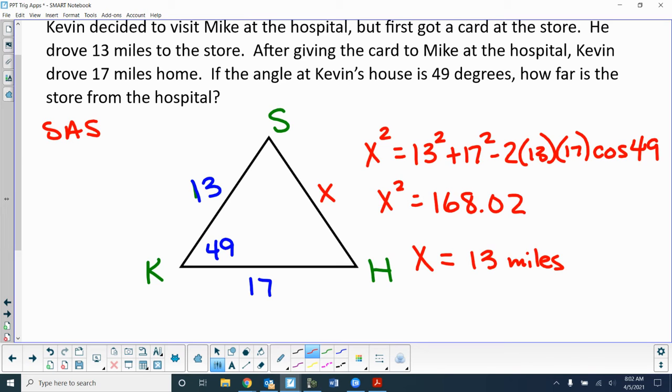Again, just draw a little picture and then figure out which law you've got to use. Sometimes these aren't worded the best because they were just made up by CP math students, but usually we can figure it out. If you run into issues, let me know. I'll come help you.